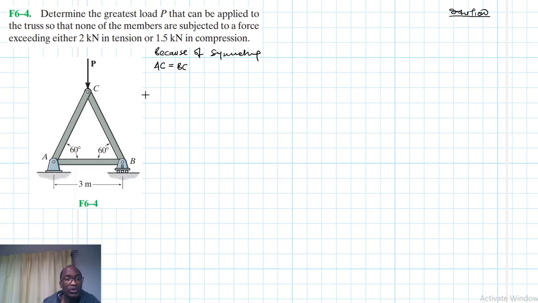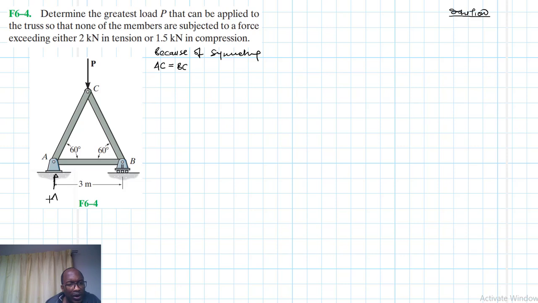And once we've done so, then we are going to start checking case by case. Case number one, tension equal to 2 kilonewtons, and then we'll check the value of P, and then we'll check the compression, whether it exceeds 1.5. And then the other case, we are going to say compression 1.5. Then we check whether tension exceeds 2 kilonewtons. All right, so let's start working.